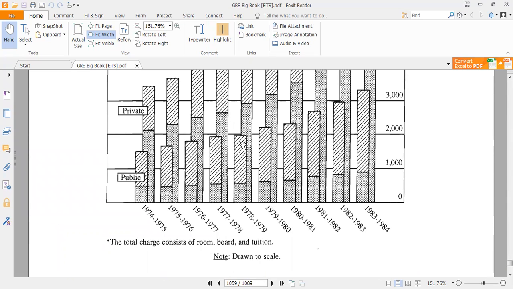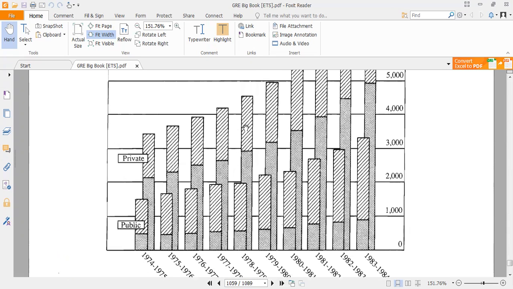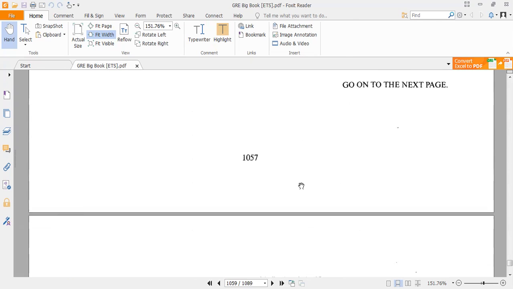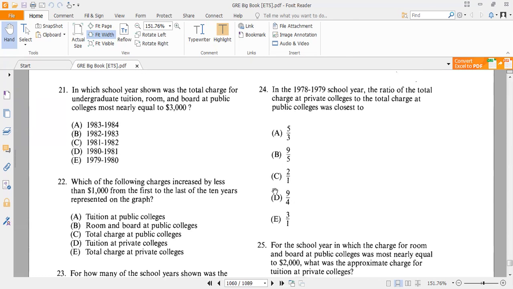We can assume that it is almost close to 2000, and it is almost close to 4500. We can get there. And if we take the ratio, it is almost close to 9 by 4. So the correct answer should be option D, or 9 by 4.